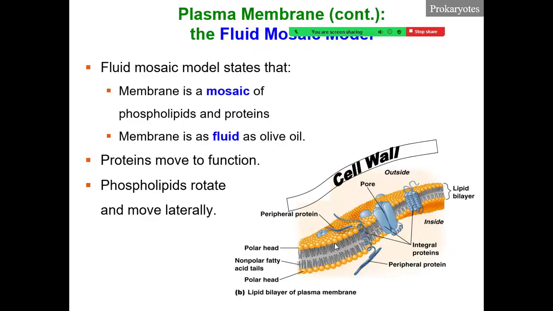The phospholipids can also move laterally from one position to another, as well as rotate in position here. In fact, water actually moves into the cell membrane. A water molecule comes up to the cell membrane. It cannot get through the phospholipid bilayer. But every once in a while, this water molecule will move over here, and then the water can slip in right there.